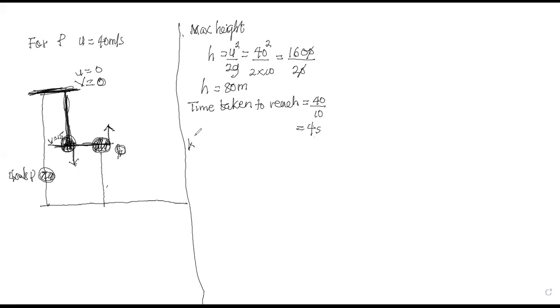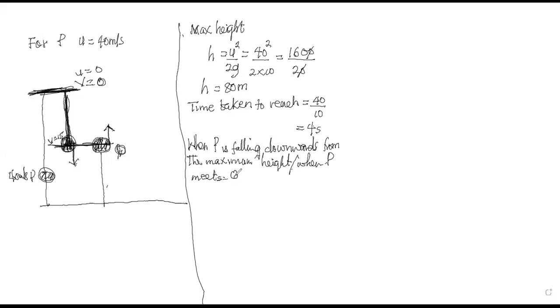So when P is falling downwards from the maximum height, this is also the same as when P meets Q. When P meets Q, the time taken for P to fall from the maximum height to the point where it meets Q can be obtained using V is equal to U plus gt.